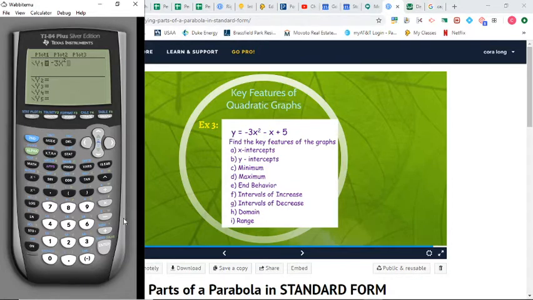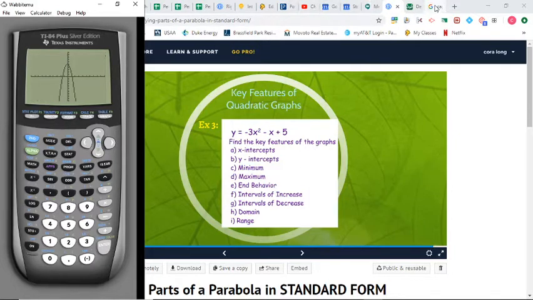And then minus, so now that I have a minus, I don't use the negative button, I use the minus sign. Okay, so be careful. And then plus 5. And oh, I did not put one of my numbers. So minus x and then plus 5. All right, and then I'm going to hit zoom 6 to give me a 10 by 10 screen.